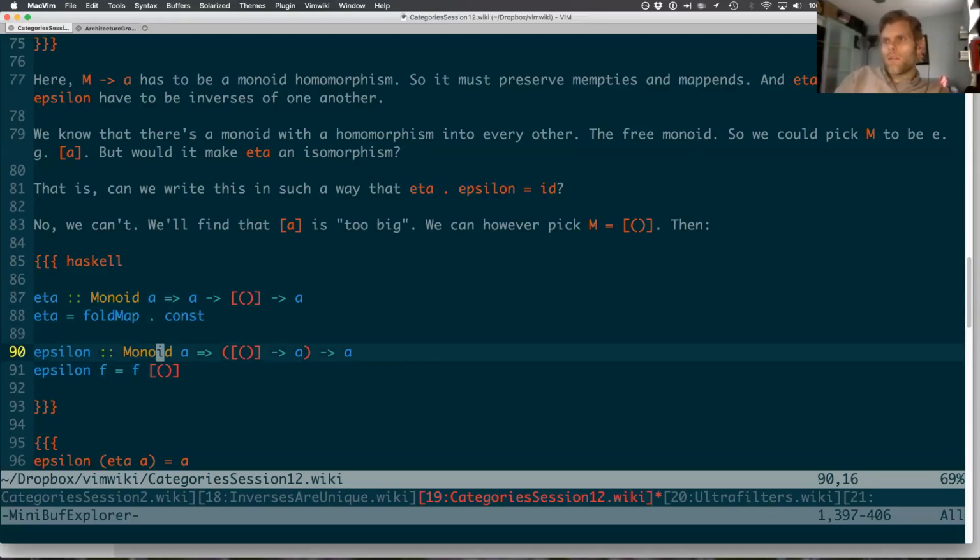If you think about this intuitively, like why one, you think about that these have to be monoid homomorphisms. So you already know that any monoid homomorphism maps zeros. That is, it maps mempties. And you know that it will map n plus m to the corresponding sum.